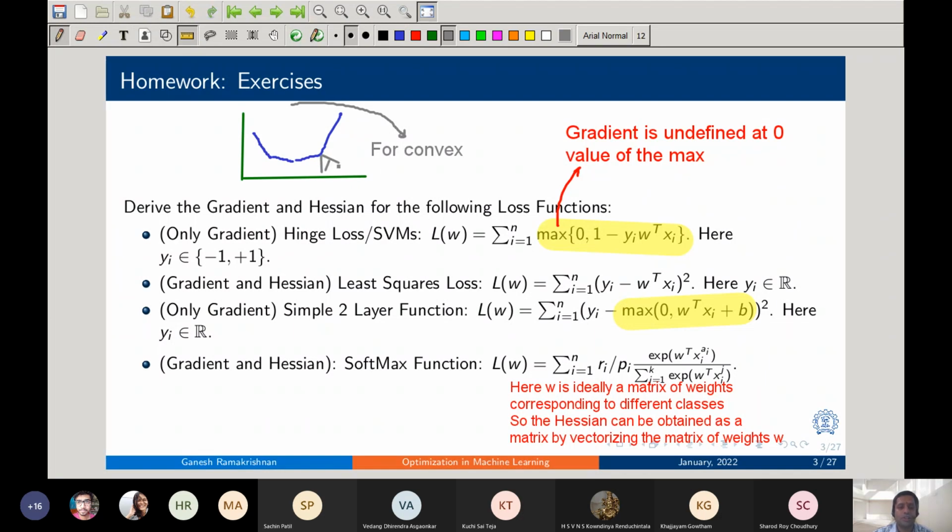It's not just one subgradient, but they are called a subdifferential. So at points of non-differentiability, you have subdifferentials.